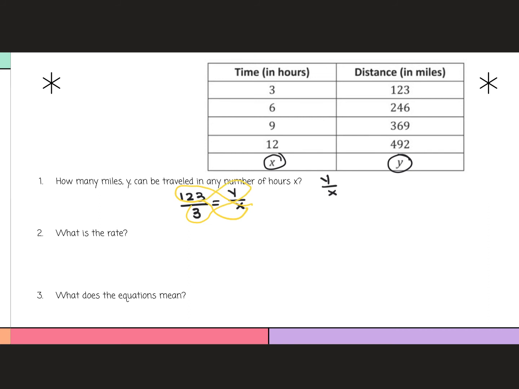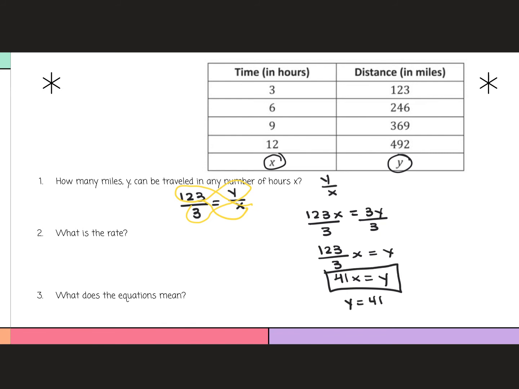I have 123x is equal to 3y. I'm going to divide both sides by 3, so I get 123 over 3x is equal to y. I can simplify that. 123 divided by 3 is 41. So 41x is equal to y, or you can flip it around and say y is equal to 41x.